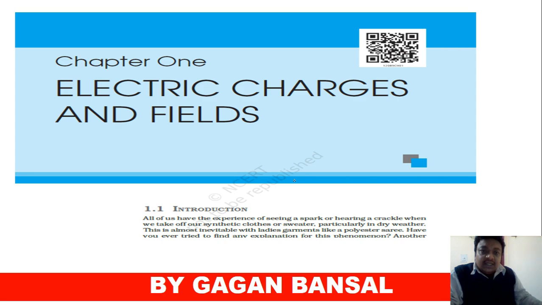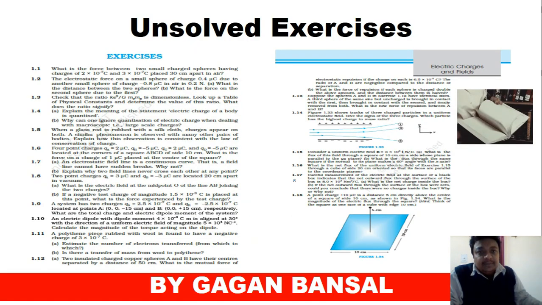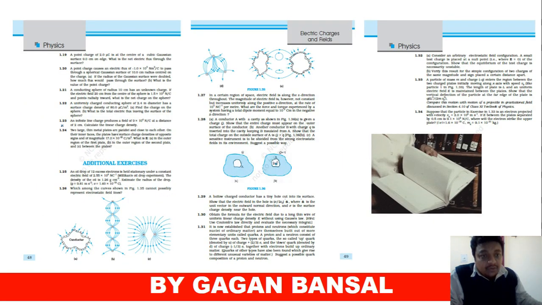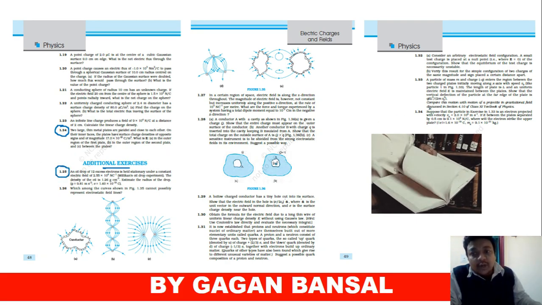As you know that in your NCERT book, at the end of the chapter, you have the exercise in which there are unsolved numericals, that is known as the unsolved exercise. So in unit 1, from 1.1 continuing, it has 24 unsolved questions in the exercise part, whereas you have an additional exercise which is also unsolved, which has questions from 1.25 to 1.34.